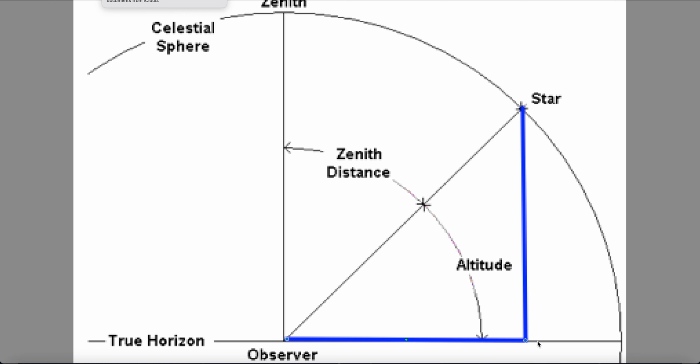You have to get the true angular elevation of the star at that particular time. You can't do it without a horizon. So you need a horizontal and a horizon.